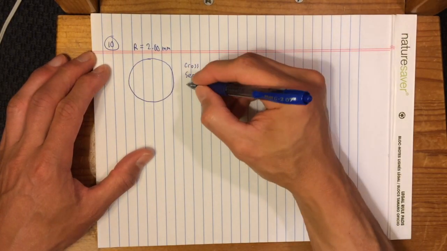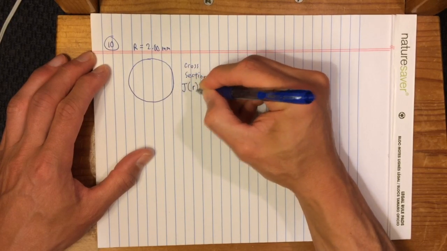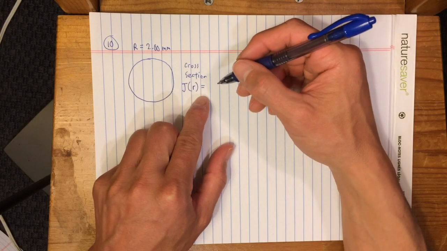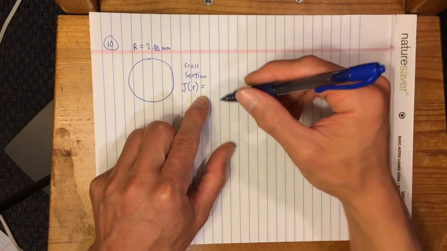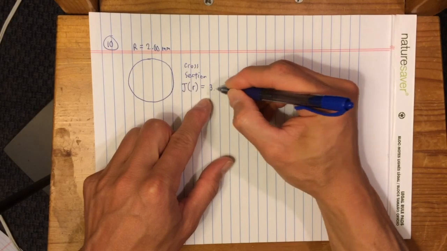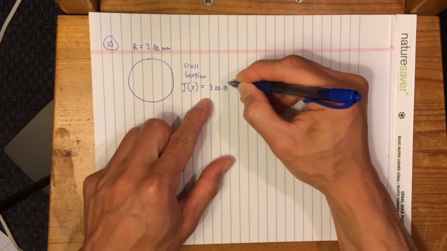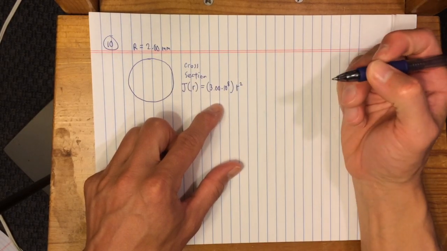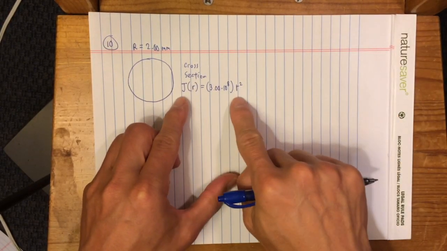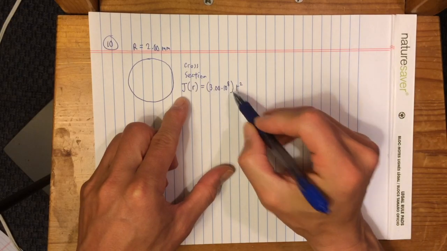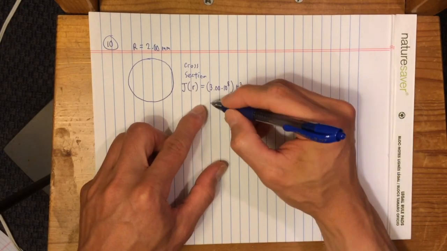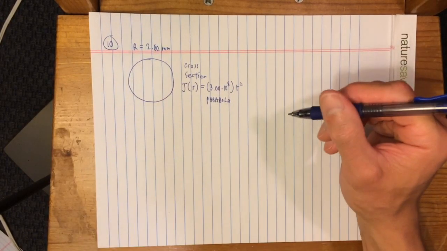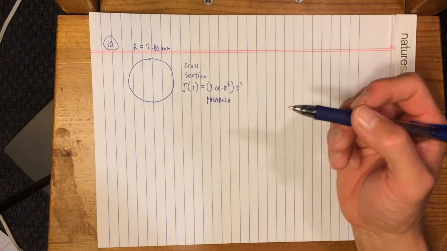And it says that the current density has an interesting profile. It's equal to 3.00 times 10 to the 8th times r squared. So when I write it down, it's a coefficient times a variable squared. This looks like a parabola. This probably doesn't matter to say, but that's what it appears.